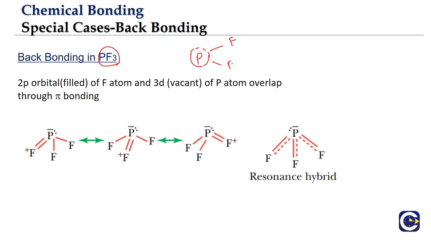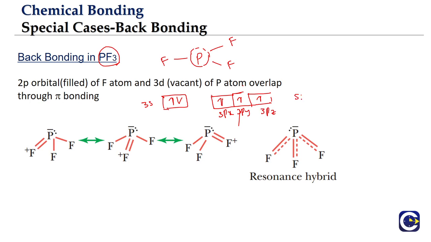Now, phosphorus in the ground state, considering the valence shell, will have 2 electrons in the s subshell and 3 electrons in the p subshell. So this is 3s2 and 3p3: 3px, 3py and 3pz.